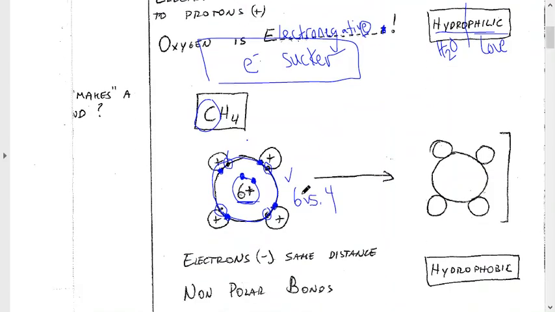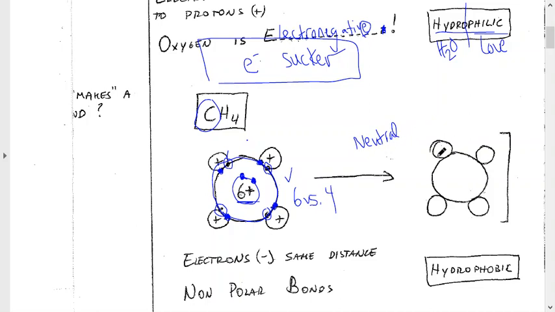So the electrons are going to essentially be right in the middle, if you want to think of it that way. They're going to spend their time kind of equidistant between the hydrogens and the carbon, between the nuclei of those atoms. Which means you're not going to have these regions of positive and negative area. So this molecule is called a neutral molecule.